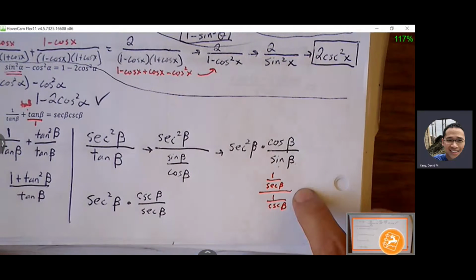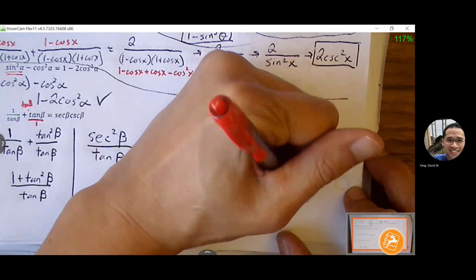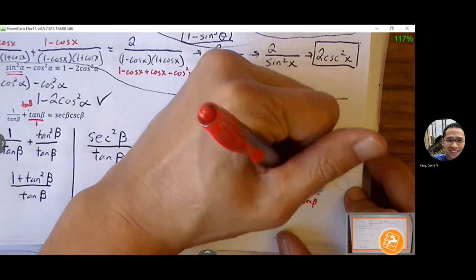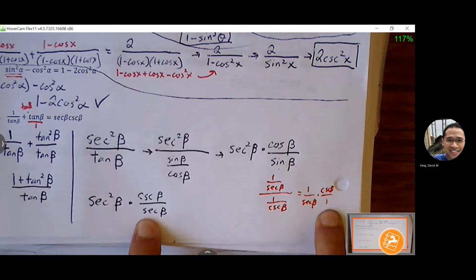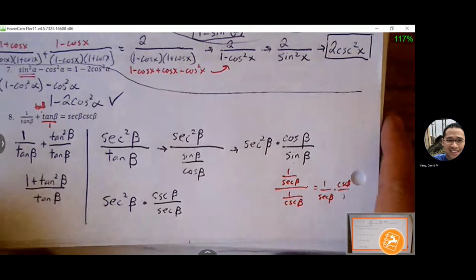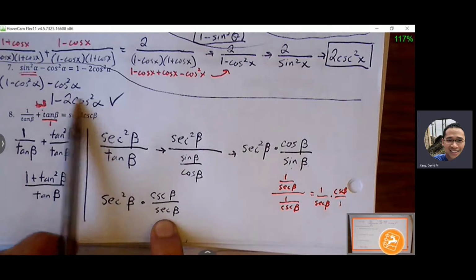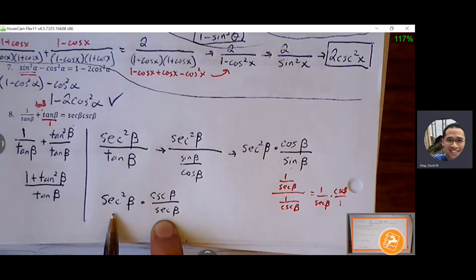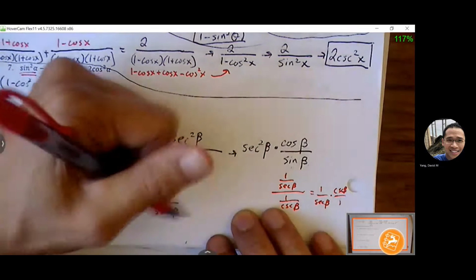You flip that, multiply by the reciprocal, that's the same result. So I'm just using my knowledge of sine and cosine, reciprocals, and moving them around to get the secant out of here. Take out the secant.